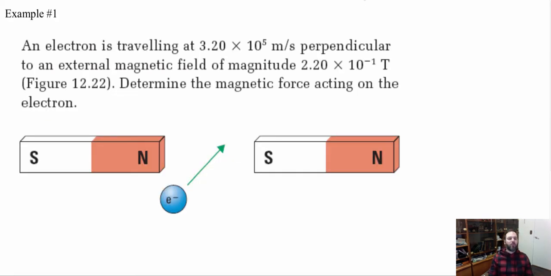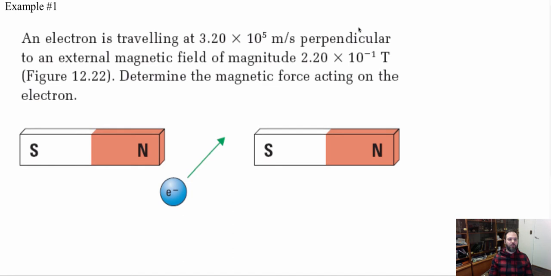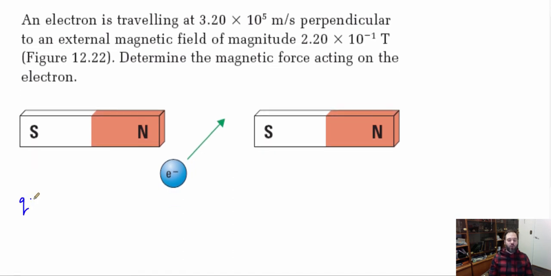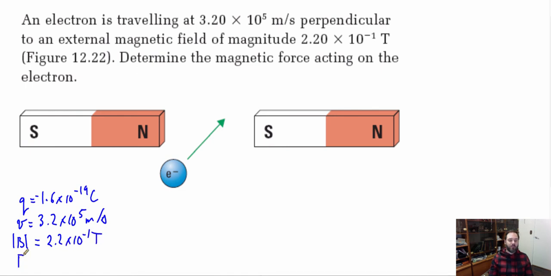Let's take a look at my first quantitative example here. I have an electron with a charge of 1.6 times 10 to the negative 19 coulombs traveling at a speed of 3.2 times 10 to the 5 meters per second perpendicular to a magnetic field of 2.2 times 10 to the negative 1 teslas. Determine the magnetic force acting on the electron.